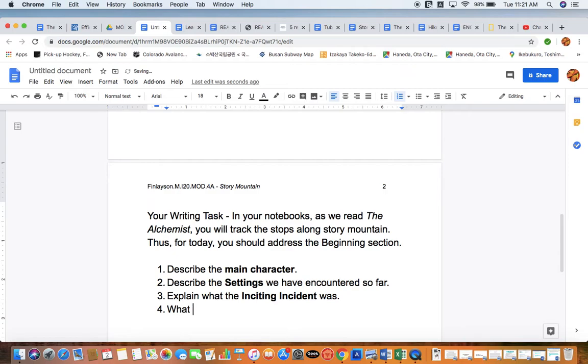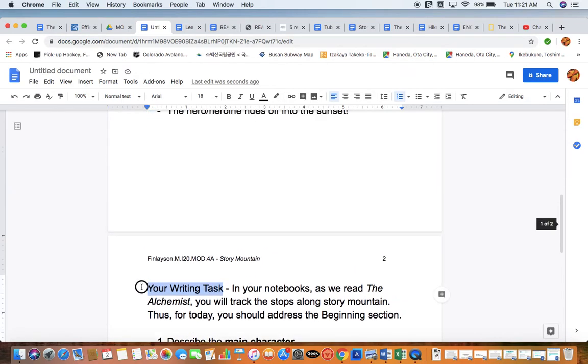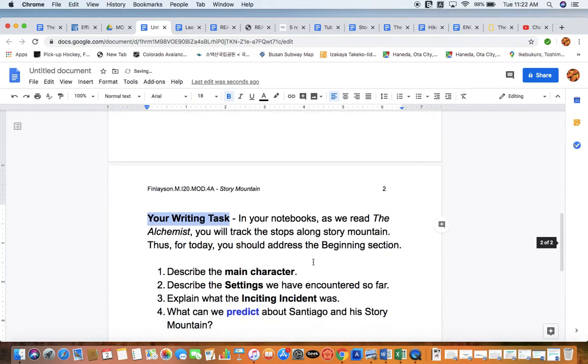And finally, what can we predict about Santiago and his story mountain? It's fun sometimes to try to guess some of the things that will happen in the course of the story.